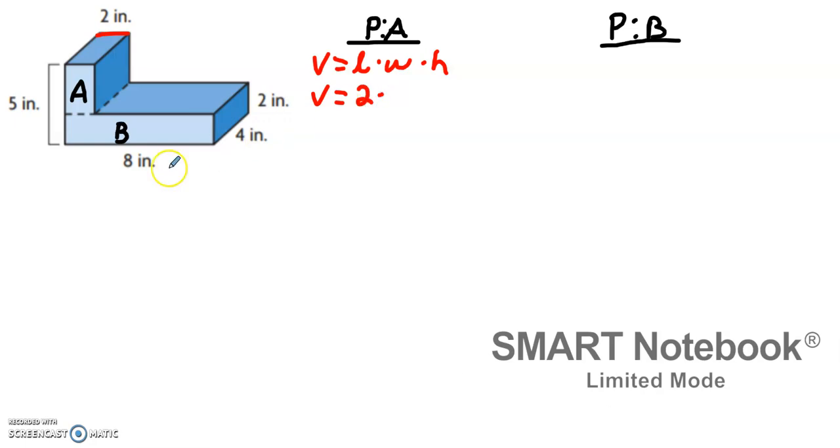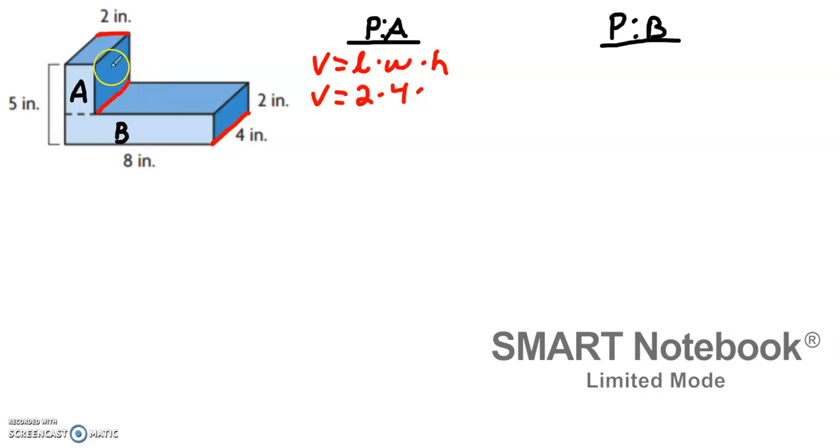Then I look for my width. My width goes front to back, that's this line right here. From here I'm told that front to back is 4 inches, so my W, or width, is 4.